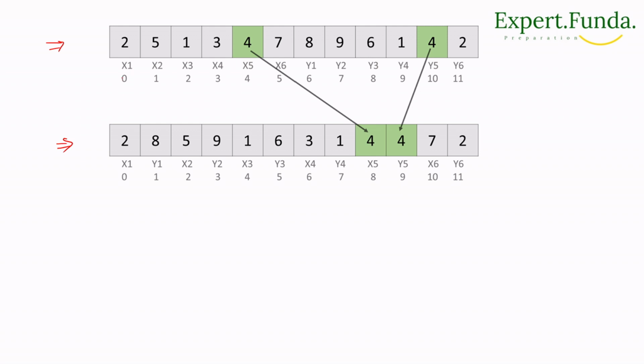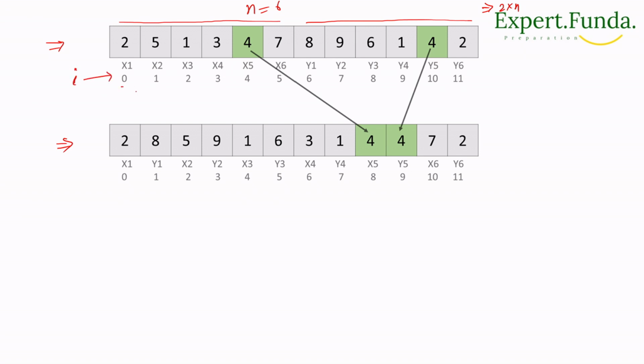Here n we have given is 6, so from 0 to 6 we have for x, and for y we have a total of 6 elements. So 6 and 6 is a total of 12. That's why we have to take an array in which we will store 2 into n elements. So the total is 2 into n, 12 elements we have here. I can write 2 into n elements we have, for x and y. Now these are our indices.